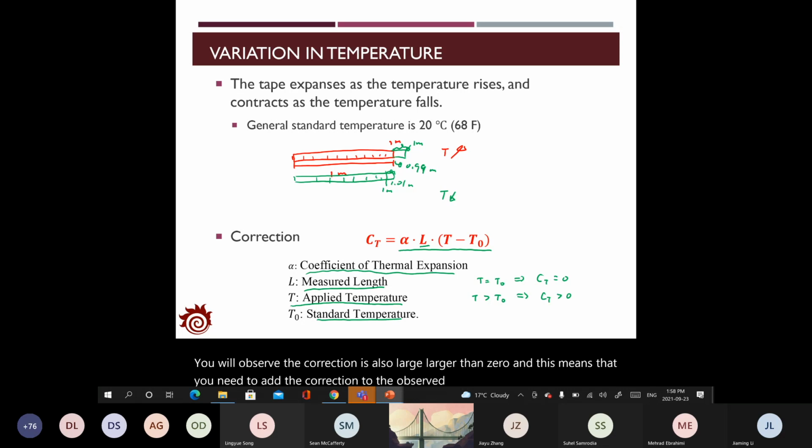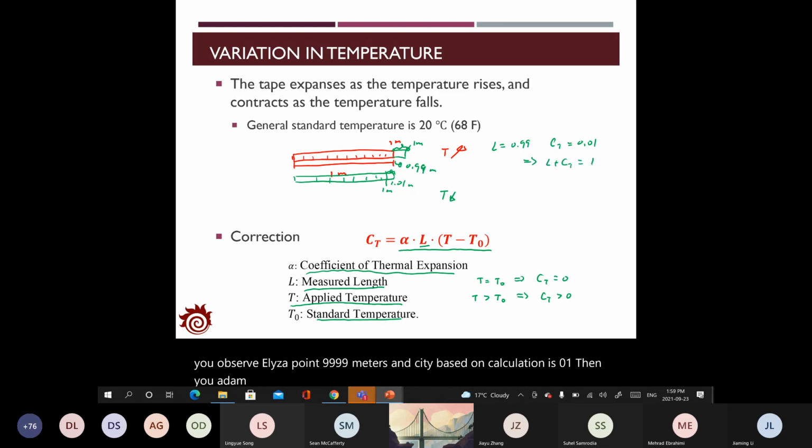For this case, what you observe, L, is 0.99 meters, and C_T based on calculation is 0.01. Then you add them together, L plus C_T, that will be 1 meter.